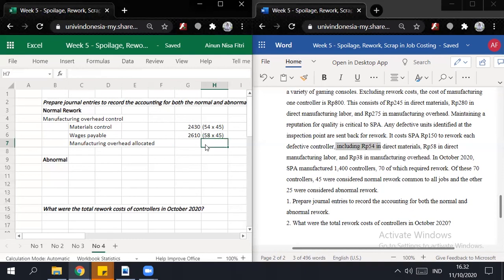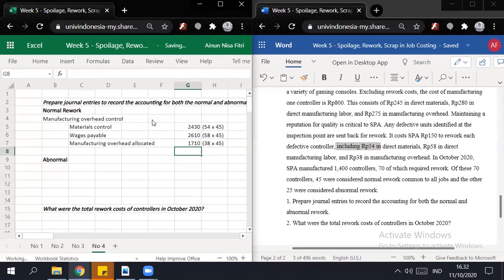While for manufacturing overhead, we have to multiply the cost of manufacturing overhead to rework the defective controller, which is 38, by the total of normal rework, which is 45. And the total of manufacturing overhead allocated is 1,710.